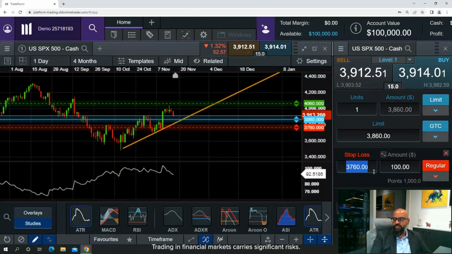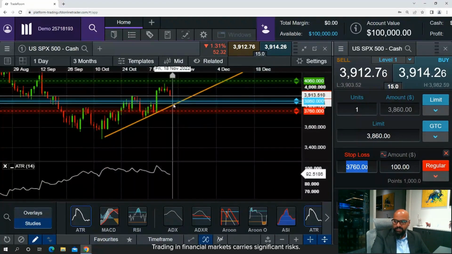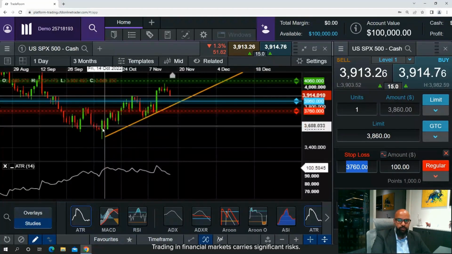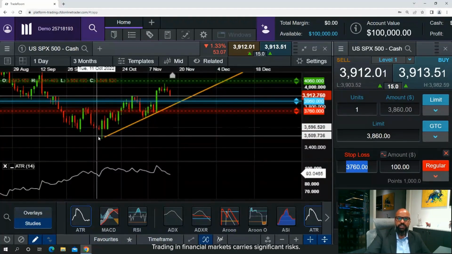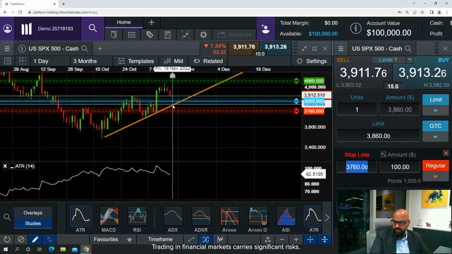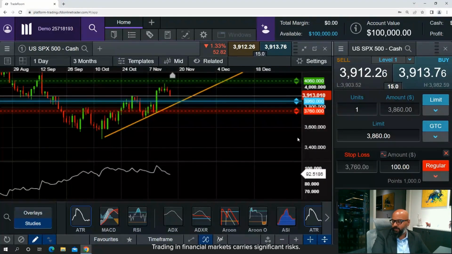Now, there are a lot of reasons why this $100 stop loss will make sense. One, it is below my trend line. That means I'm expecting this trend to continue based on historical price movement and based on historical behavior of the buyers and sellers. And if that happens, it should go back to my target where I will make my $200.